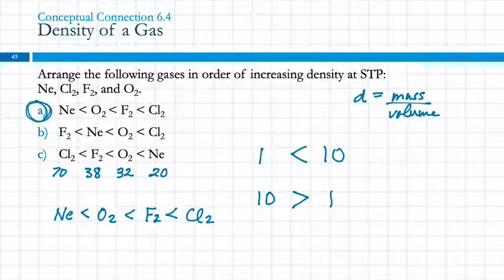With the previous problem, we were taking equal masses and trying to figure out which one has more particles, so which one would take up more volume. Yeah. So they're kind of similar, but they're not. Right. Yeah. Any other questions?